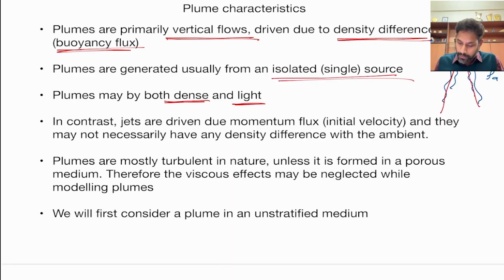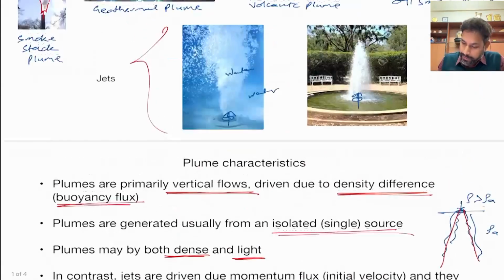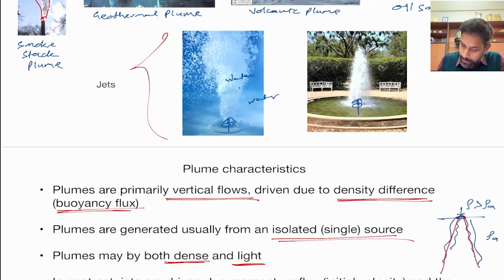Okay, now when you compare plumes with a jet, we saw that jets are driven by momentum flux or initial velocity. So in the case of a jet, velocity is very important, momentum flux is important. It may not have any density difference with the ambient. Like in this case we saw both are water, so delta rho may be 0, right?